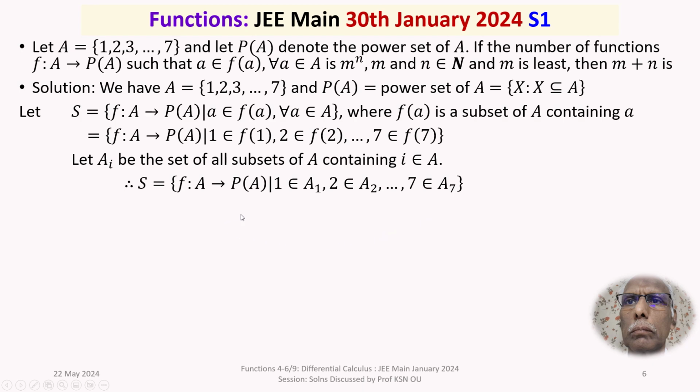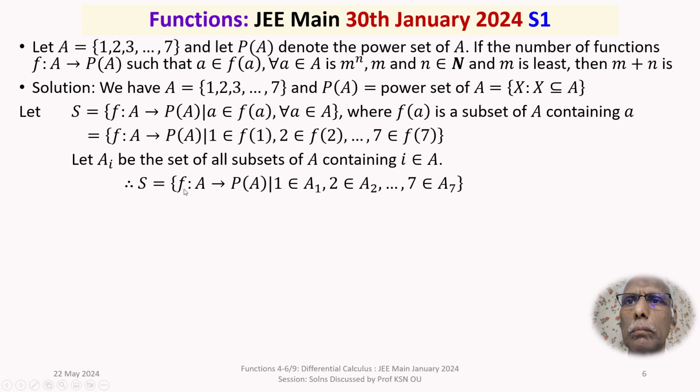That means, how is this function f materialized? It is determined by choosing an element of A1, an element of A2, and so on, up to an element of A7.